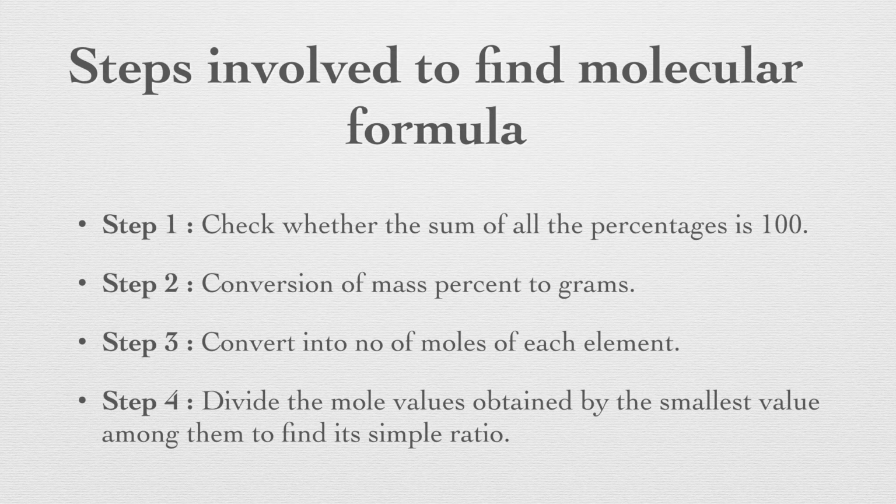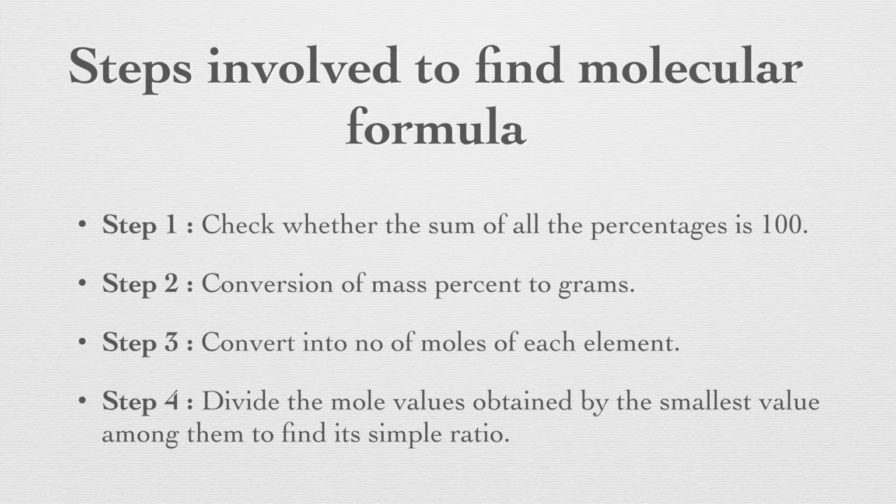So you should know the formula over here, that is number of moles equal to given mass upon the molar mass. Okay, now next one, we have to divide the mole values obtained by the smallest value among them to find out its simple ratio.